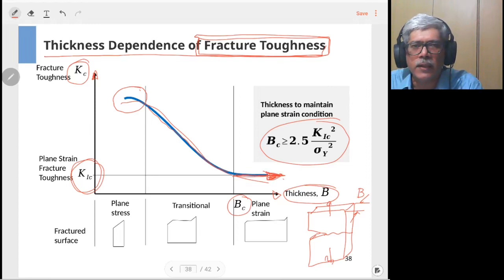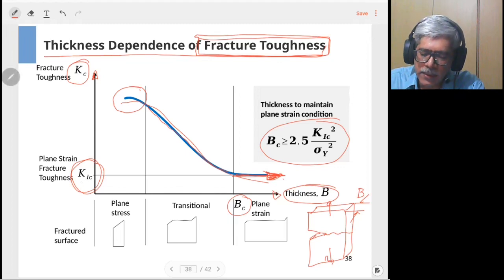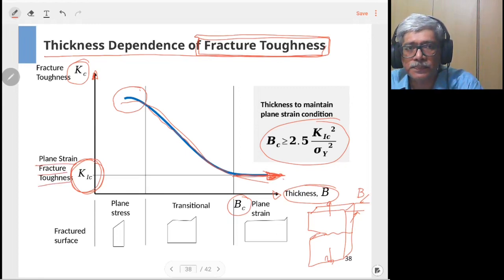If you take a fracture toughness test specimen of sufficiently high thickness and do the testing, whatever fracture toughness value you get will be true for all high thickness test plates, and that is termed K1C. This particular term is called plane strain fracture toughness.